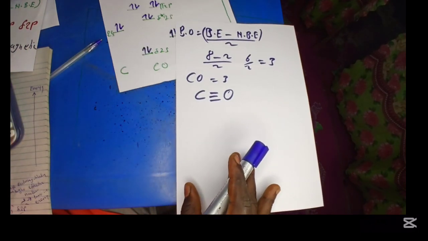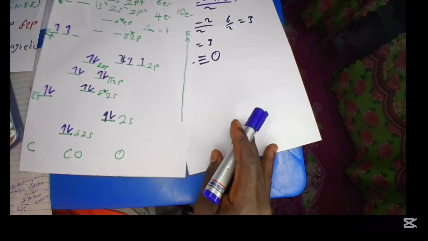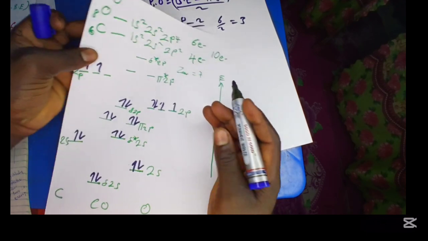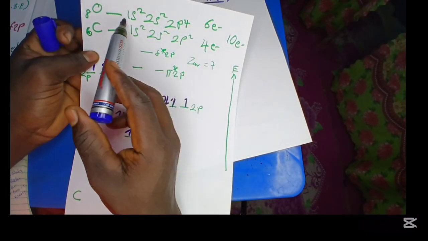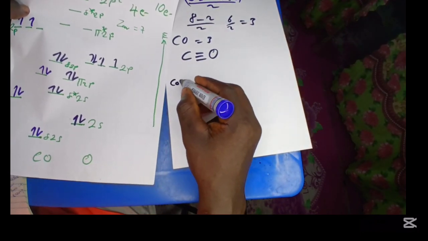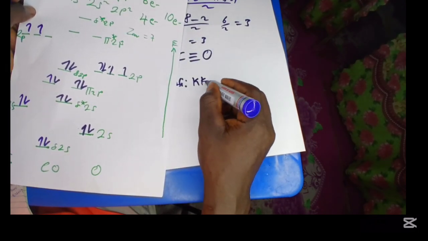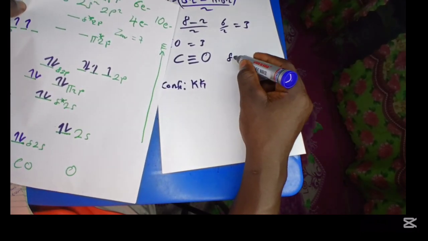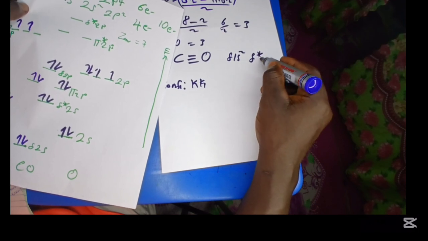Let's write the electron configuration for carbon monoxide. When we were drawing the molecular orbital diagram, we ignored the 1s orbital, so we can indicate it. We can represent the 1s orbitals by KK, or you can write it without KK, where there is going to be sigma 1s2 and sigma asterisk 1s2.